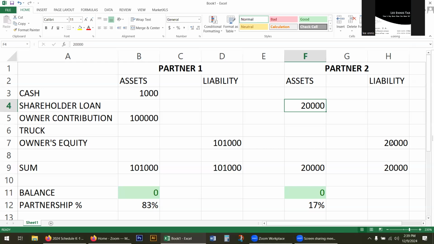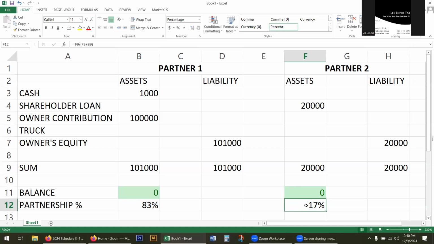Well, now what that means is that he does have the equity of $20,000, but there's also going to be stated interest on top of that. Does that mean that he's going to get 17% of the profit if he's getting stated interest as well? Maybe not. And that's why this stuff matters.